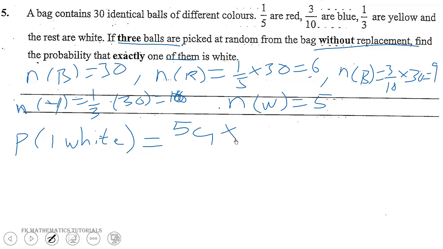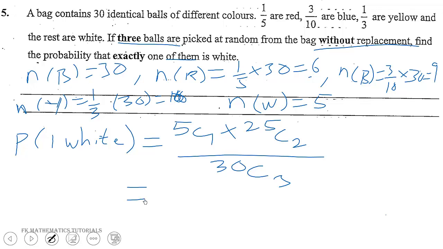Then we pick the remaining 2 colors from 25. We have 25 combination 2 ways of doing that. Then the number of ways we can pick 3 balls from 30 identical balls is given by 30 combination 3.